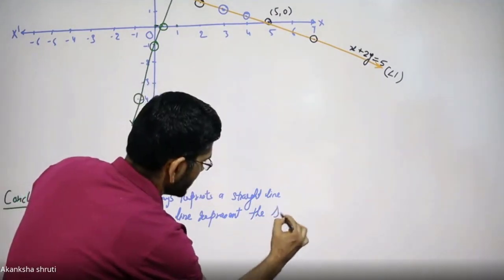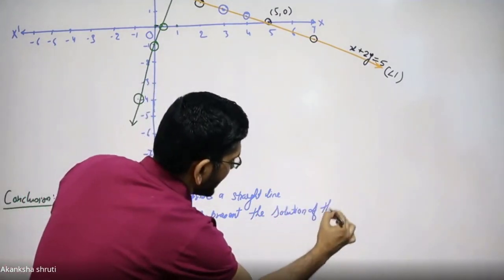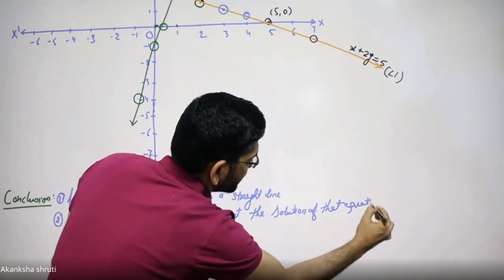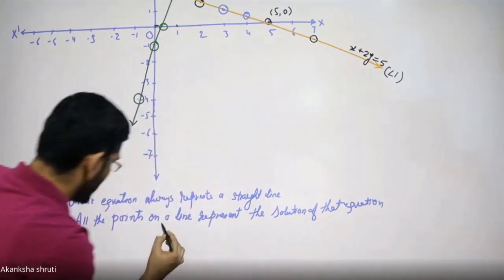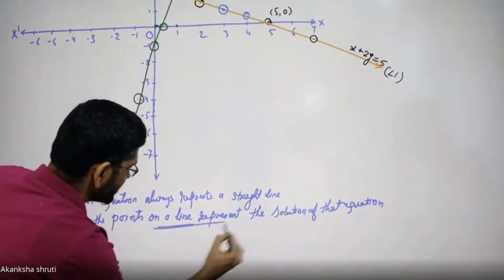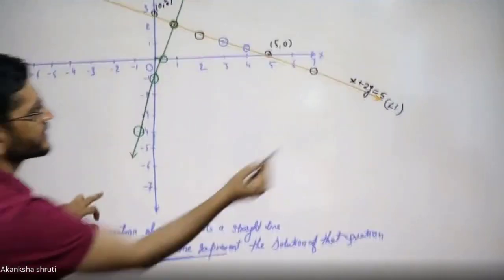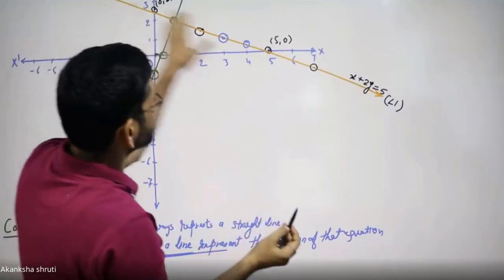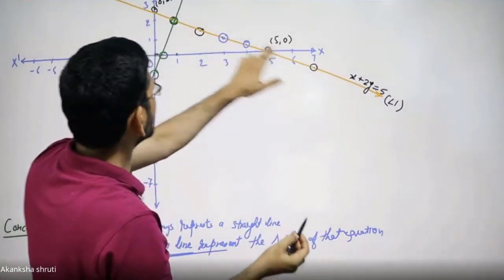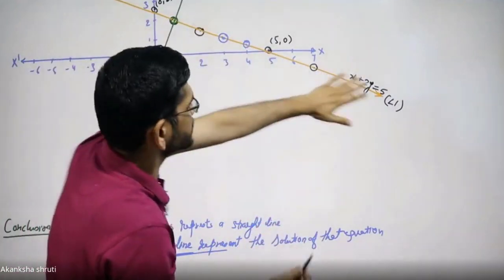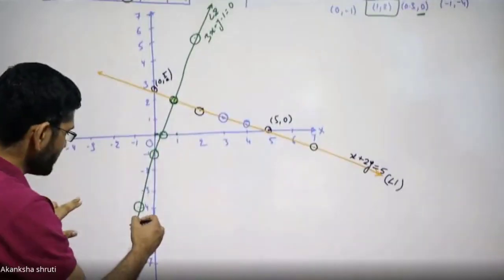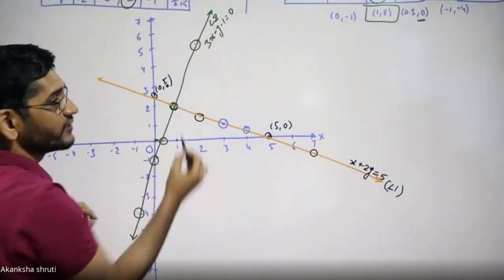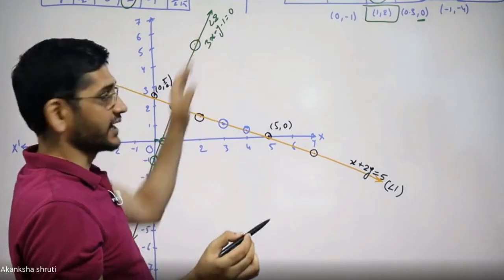The solution of that equation means, whichever one line we have taken, keep in mind, one line we have taken, either line 1 or line 2. Say if I am talking about line 1, any point on this line will represent the solution of this one only. Any point on this second line will represent the solution of this second line.